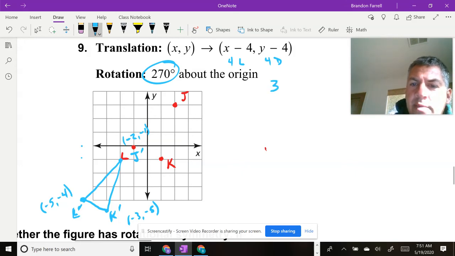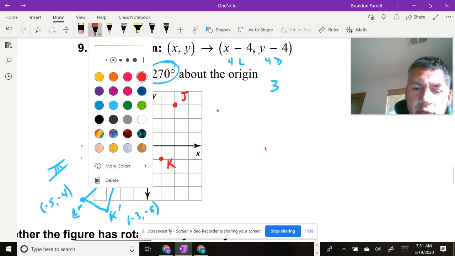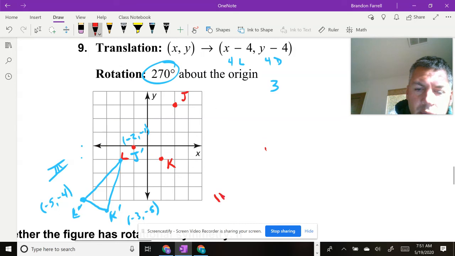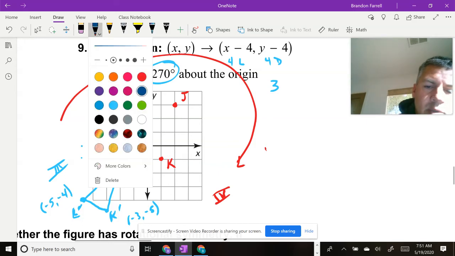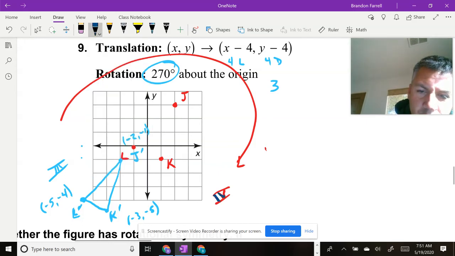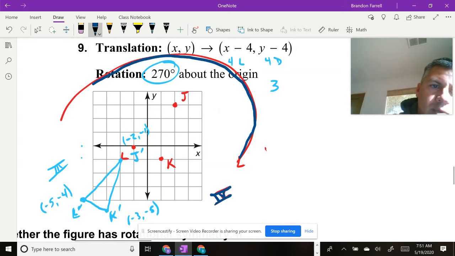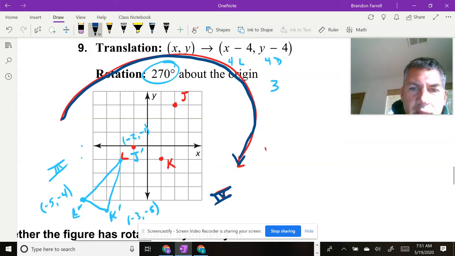That's 3 times around. 3 values. They're all in quadrant 3. So we're going to all put them in quadrant 4. We're going to go clockwise around there. So quadrant 4. Okay, so now going to move that 3 times around.